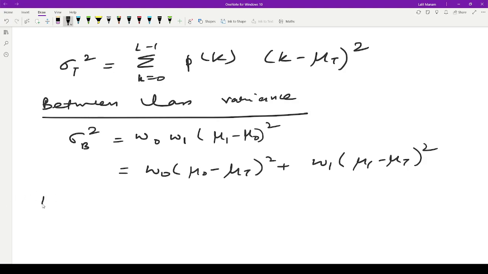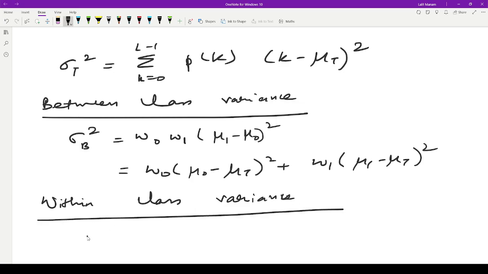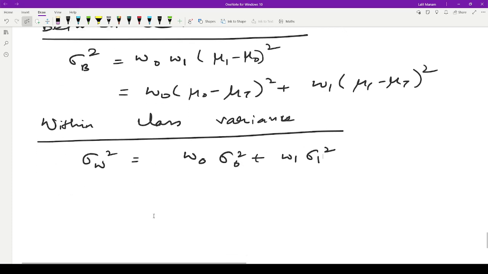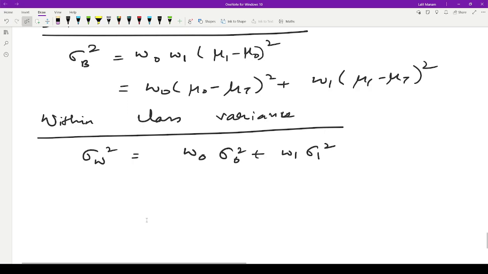And then the next thing we want to check is the within class variance, which is the intra-class variance. The within class variance is given as w naught sigma naught square plus w1 sigma 1 square. First we'll prove the equality that these two expressions are indeed equal.